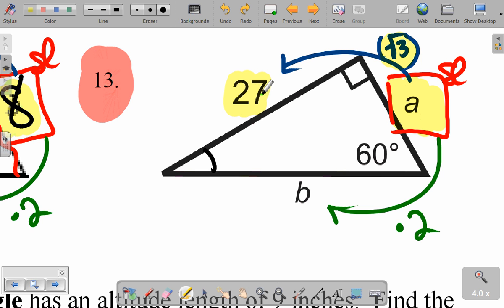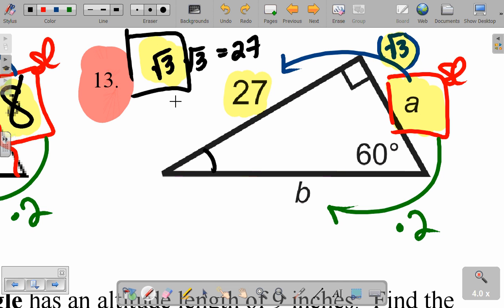Nope. There you go. Watch it, guys. You have to be careful. If something times root 3 is 27, to get rid of that radical, you need another radical. So, Alyssa, what's our A here? 9 root 3 here. Good. Jeffrey, times that by 2 for us, sir. Fabulous.